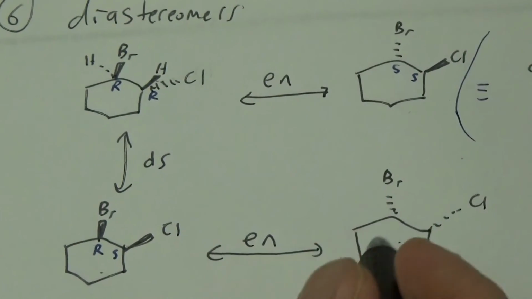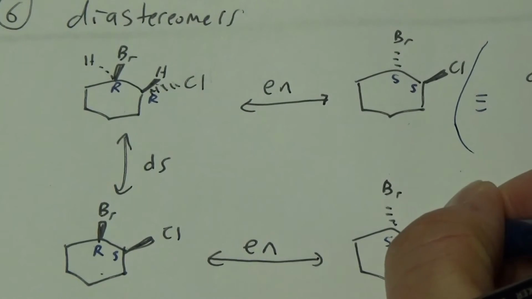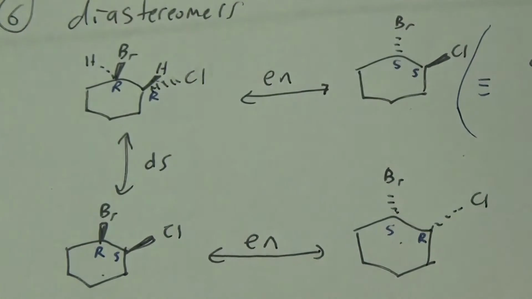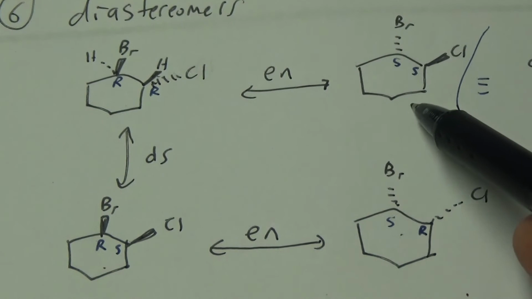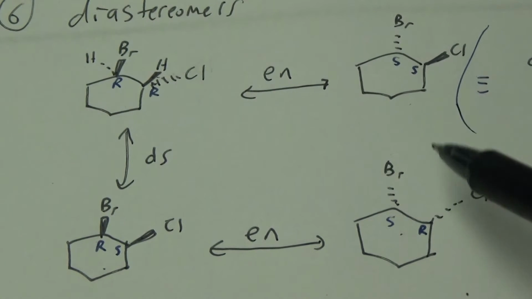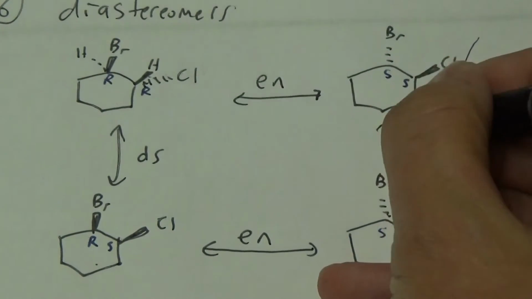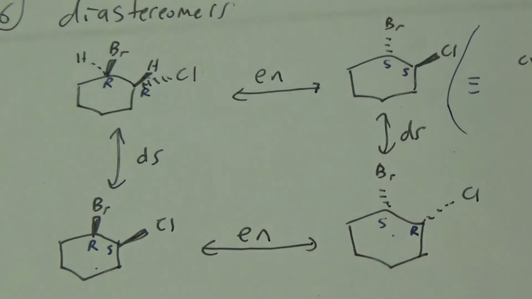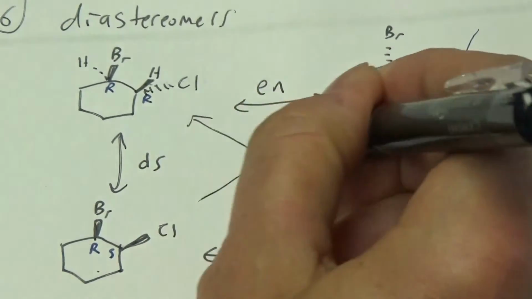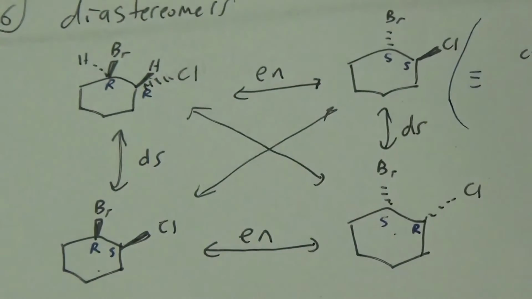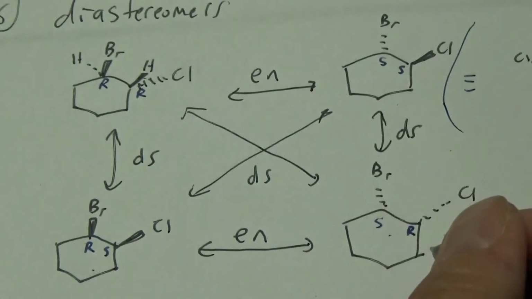If it was RS, now the enantiomer must be SR. Okay, and what's the relationship of this molecule to this molecule? What do you think? Diastereomer, DS. What's the relationship of all the crisscrosses? They must all be diastereomers too. Okay, cool.